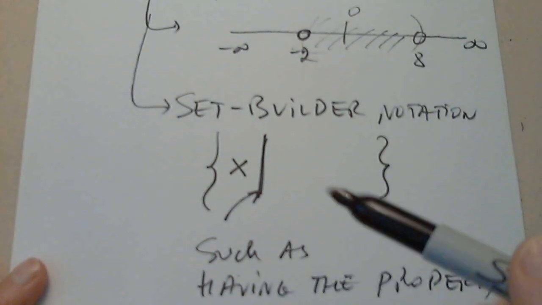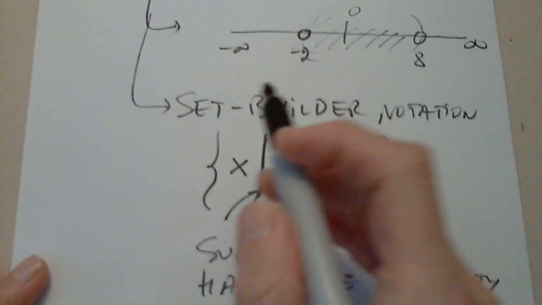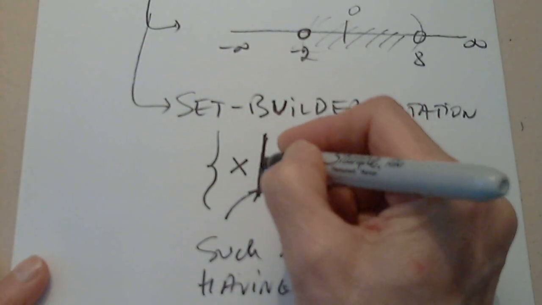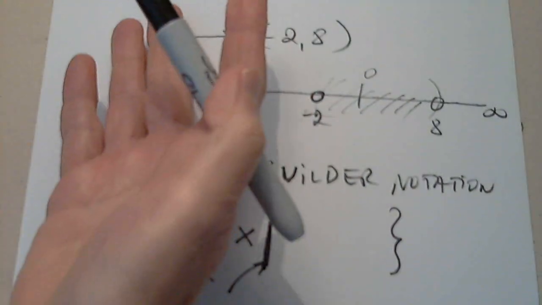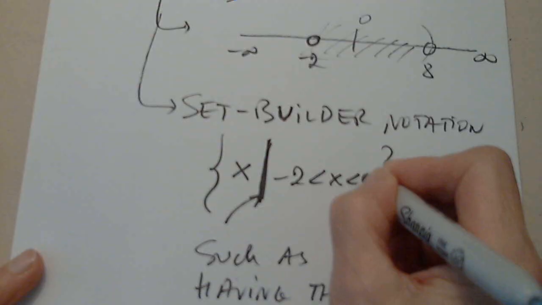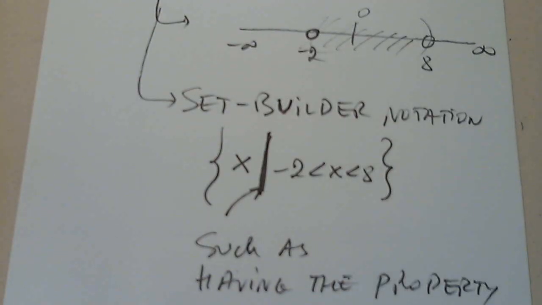So it's the set of values of x, and all these values of x have the following property. What is the property? This: that x is between negative 2 and 8, not negative 2 and not 8. That is the set builder notation.